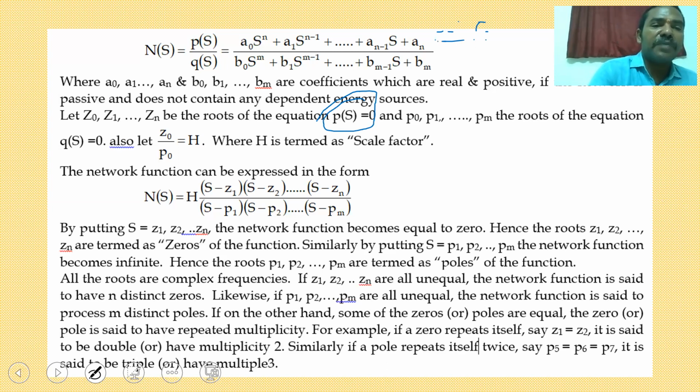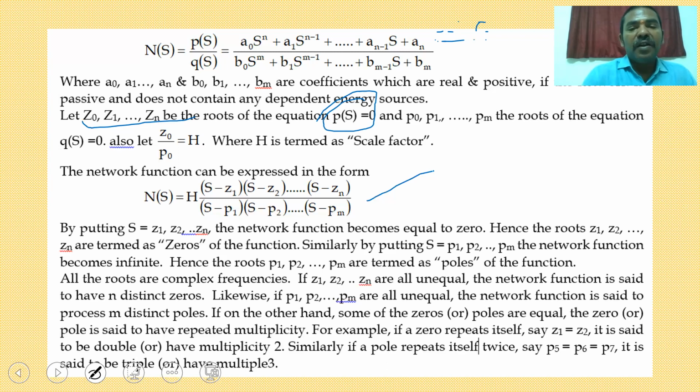So then h is a scaling factor. Now N of s, by using the basic equation, can be represented as h into s minus z1 into s minus z2 and so on to s minus zn, divided by s minus p1, s minus p2 and so on to s minus pm.